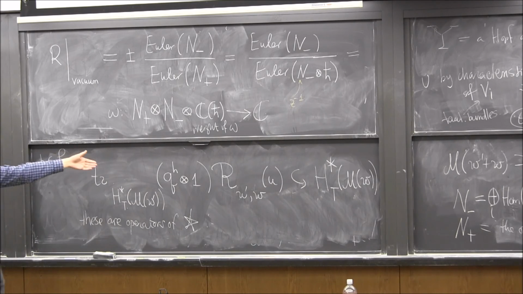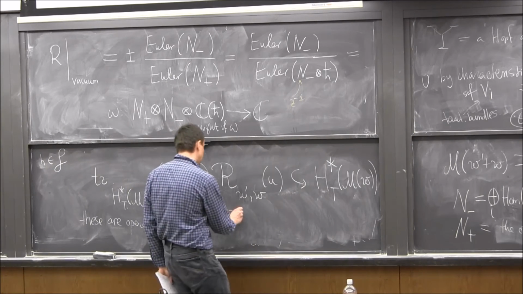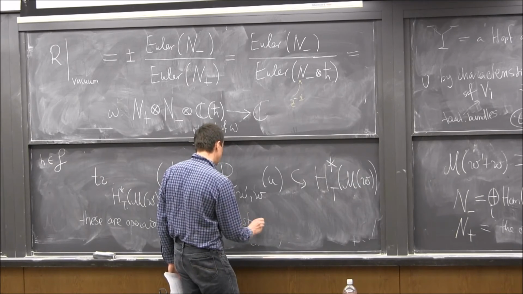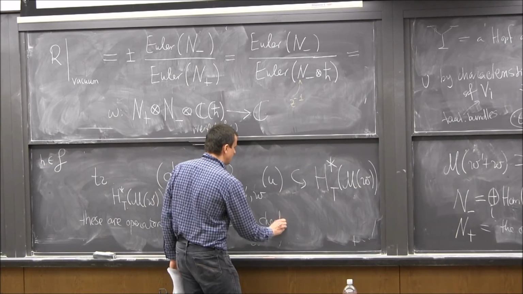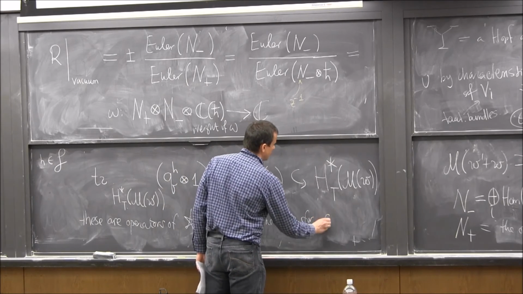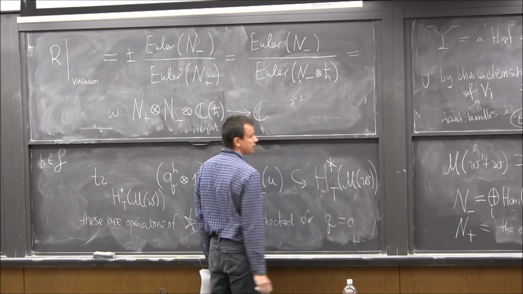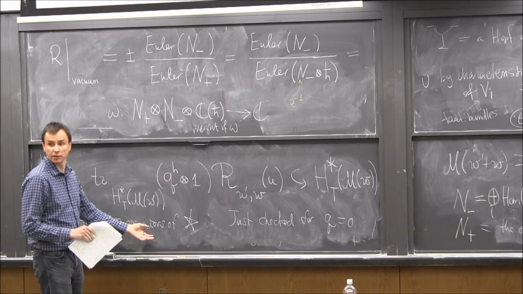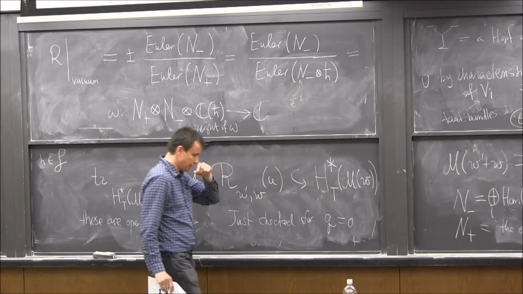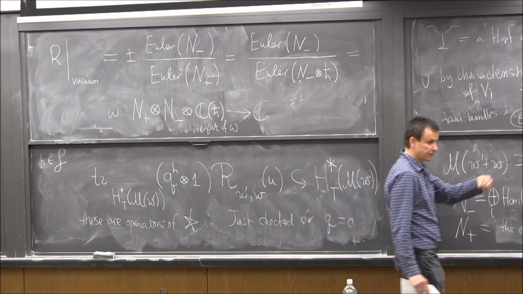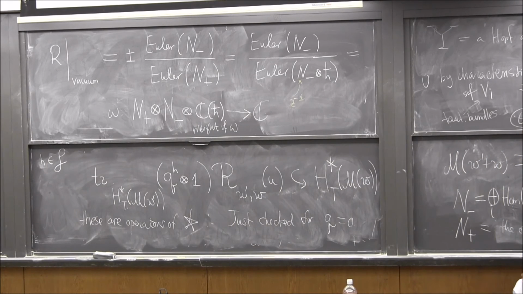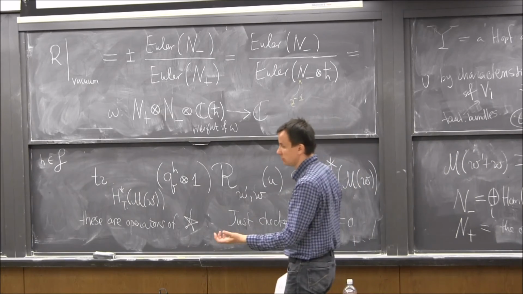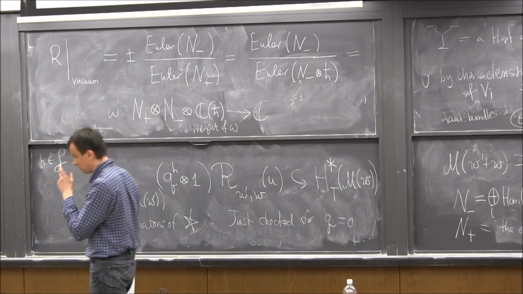Why Q equals 0? Because Q was the parameter counting curves. If you take Q equals 0, there are no curve corrections to the cup product.